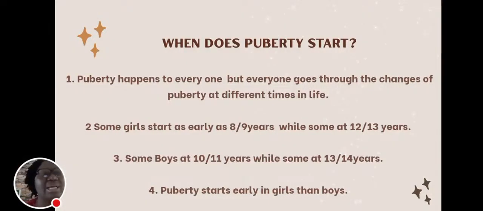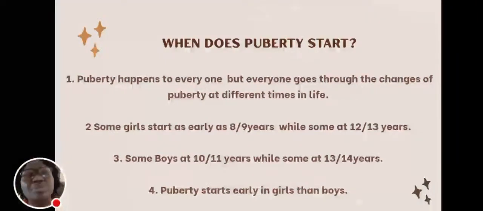For boys, it can be as early as 10 or 11 years, while some boys will get to puberty at maybe age 13 or 14. But generally, puberty starts for girls earlier than boys. Girls grow earlier than boys.